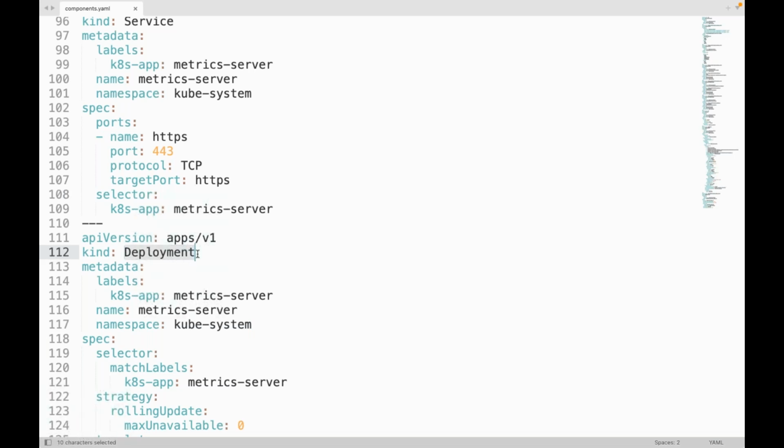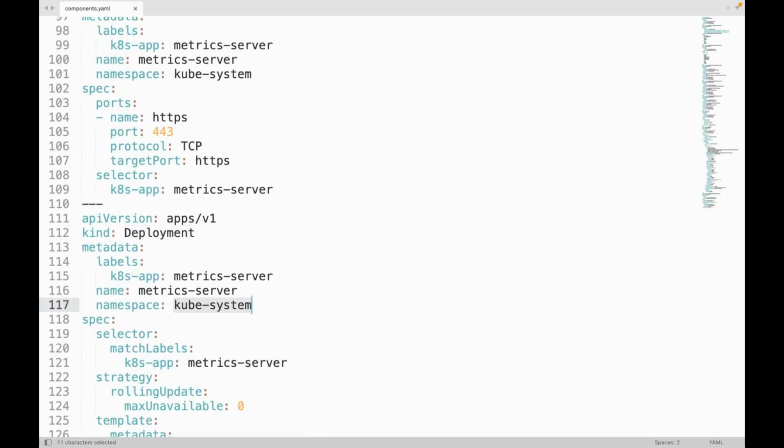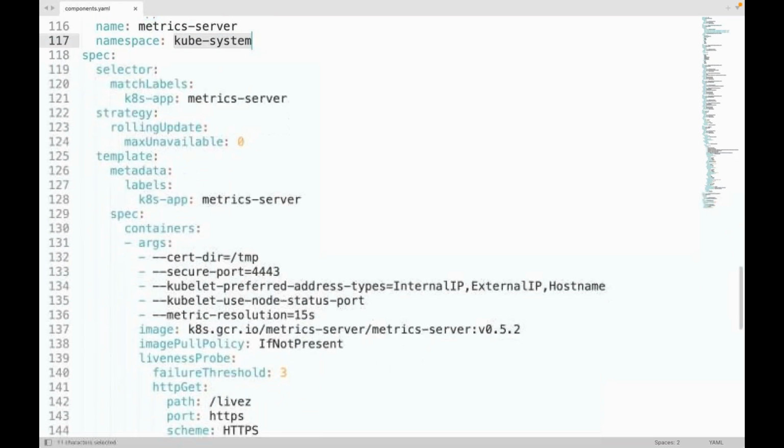What object is getting created? Deployment. In which namespace? If I apply this file, kube-system, using this image.